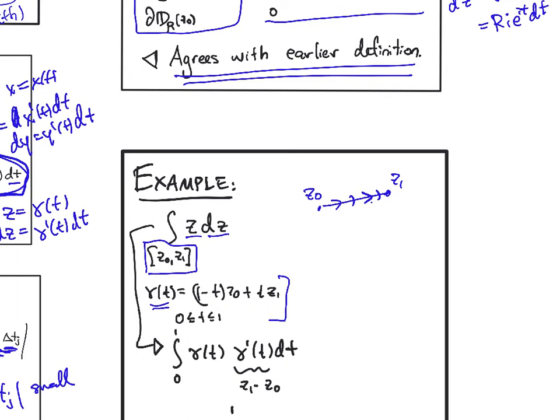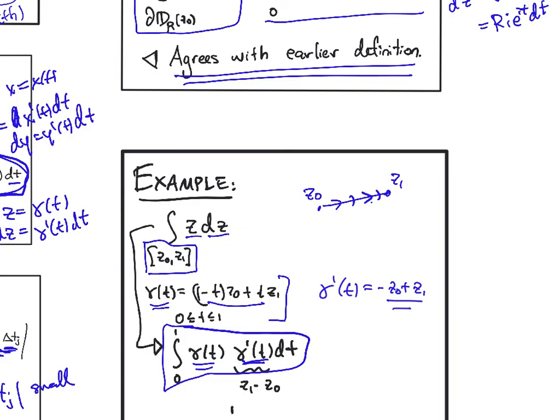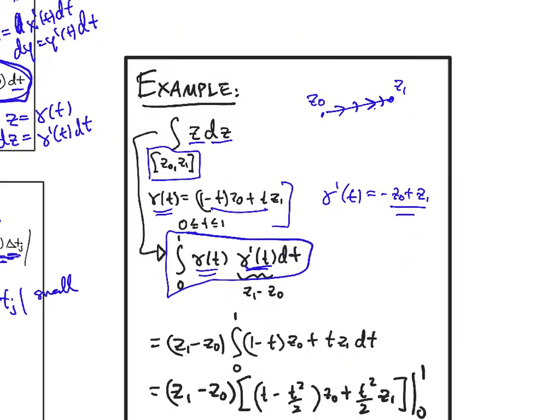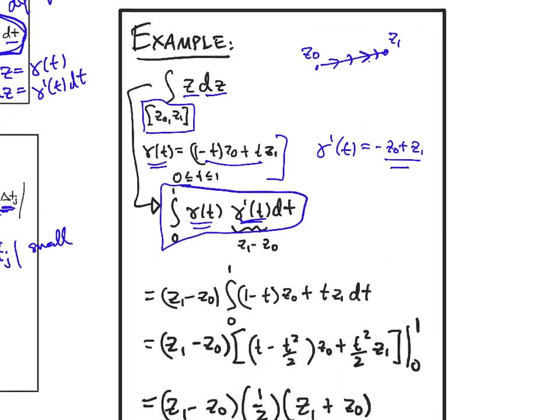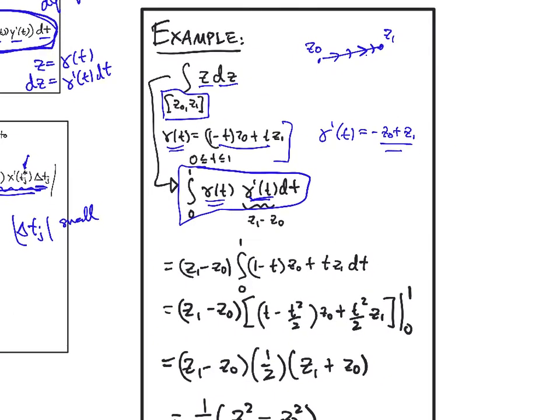And, well, we take the derivative of this, and we get minus z0 plus z1. And we put that into our formula, and we get gamma of t right here. Gamma prime of t is z1 minus z0.